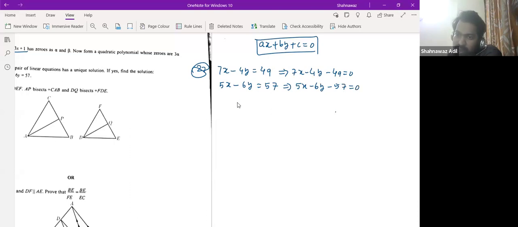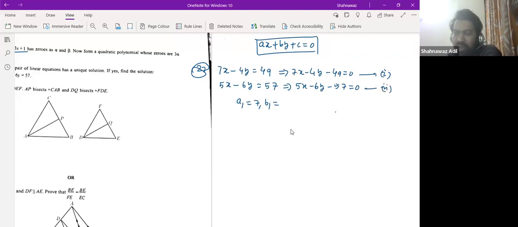Tell me what is A1. Let's say this equation is the first. A1 is 7. What is B1? Please look carefully.